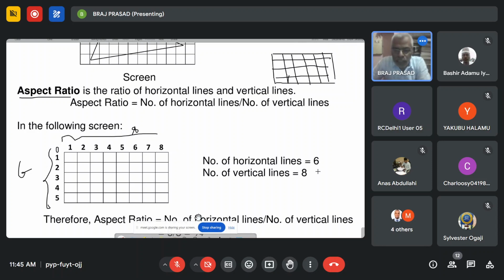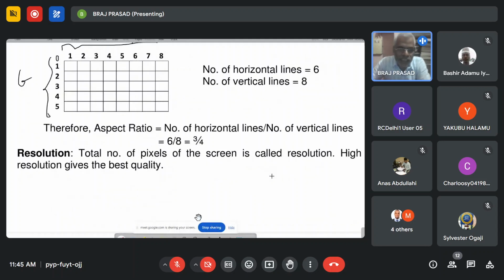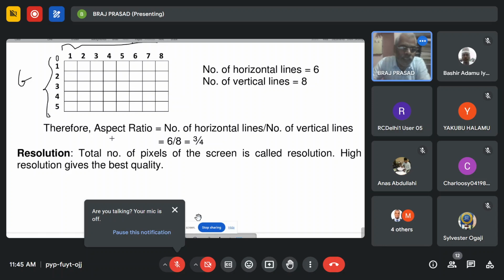If we divide this 6 by 8, then we get the aspect ratio: number of horizontal lines divided by number of vertical lines. For this example, the total number of horizontal lines is 6 and the total number of vertical lines is 8. So 6 by 8, that is 3 by 4, is the aspect ratio for this screen.